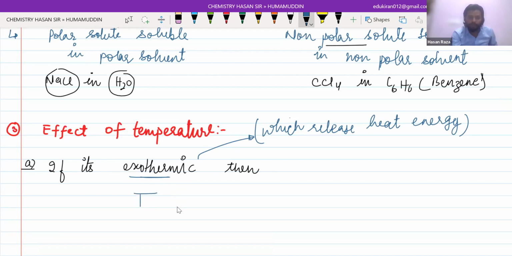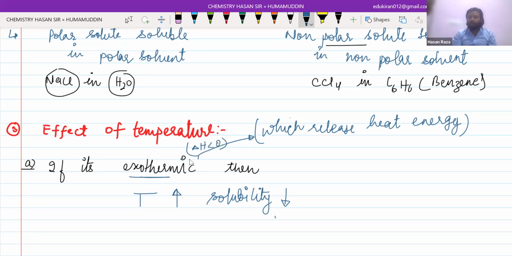And in this process, if you increase the temperature, then solubility decreases. Why? Because if you are increasing the temperature, it will not be in favor of this process. Are you getting my point? For exothermic we denote delta H less than 0. The change in enthalpy will be negative.